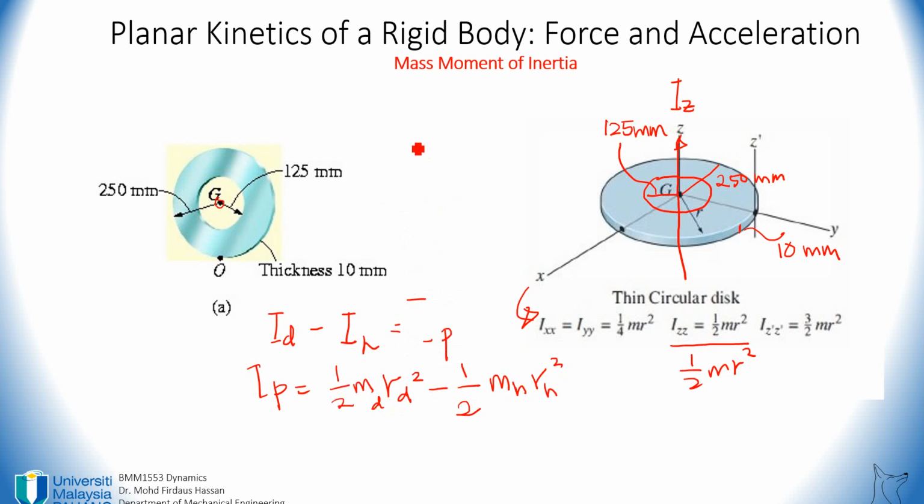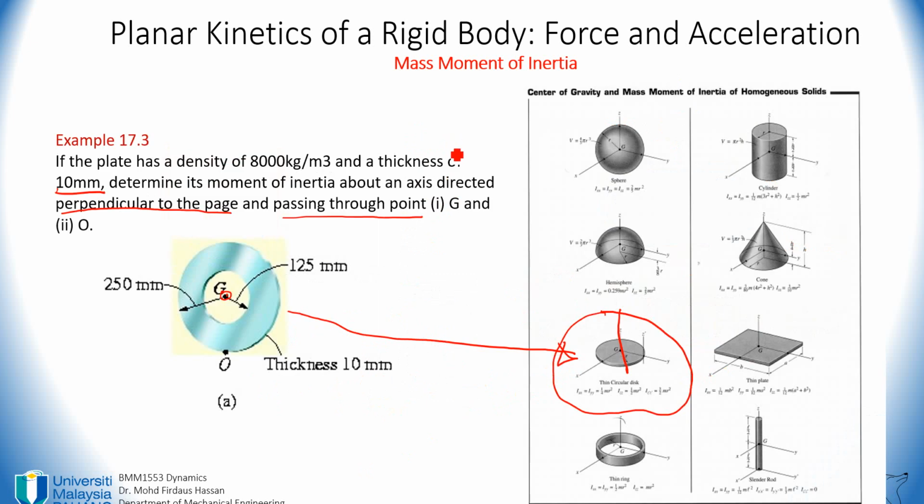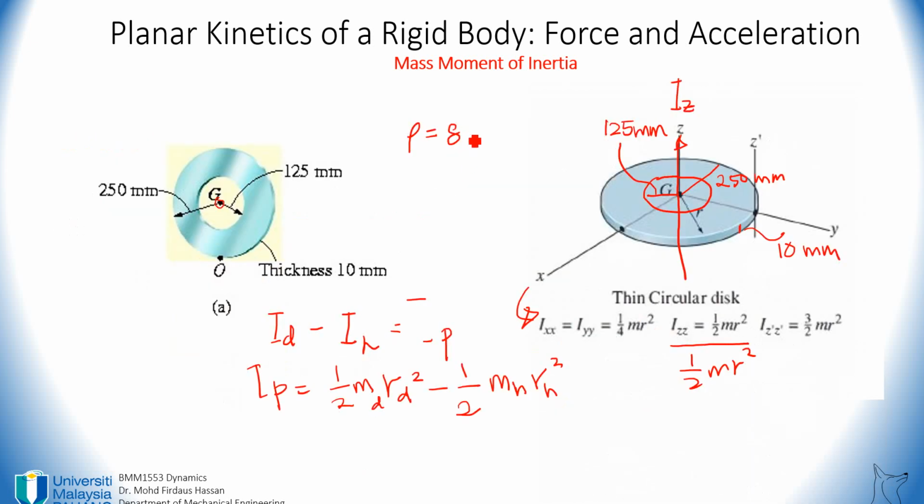So what is M? Since we are given the density of the plate is 8,000 kilogram per meter cube, M is rho V, correct? So for this, rho is 8,000 times V. What is the V?